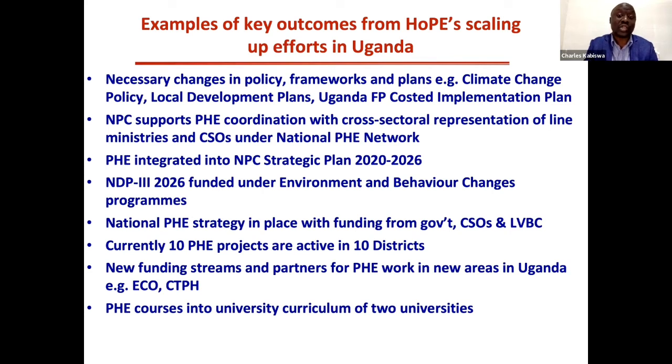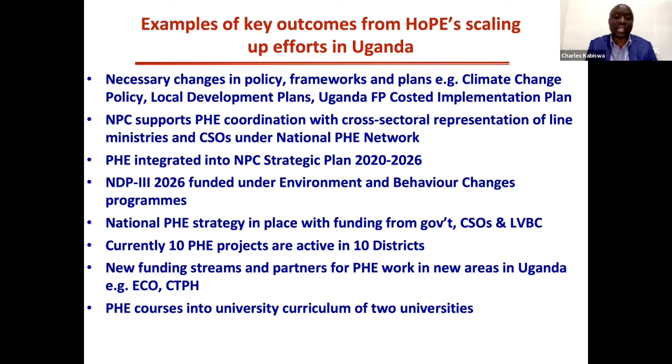But also the strategic plan for the National Population Council 2026 integrates population, health and environment, and there is funding allocated to a number of activities, including replicating the models and using the sites as visiting places for learning and passing on capacity to new user organizations.